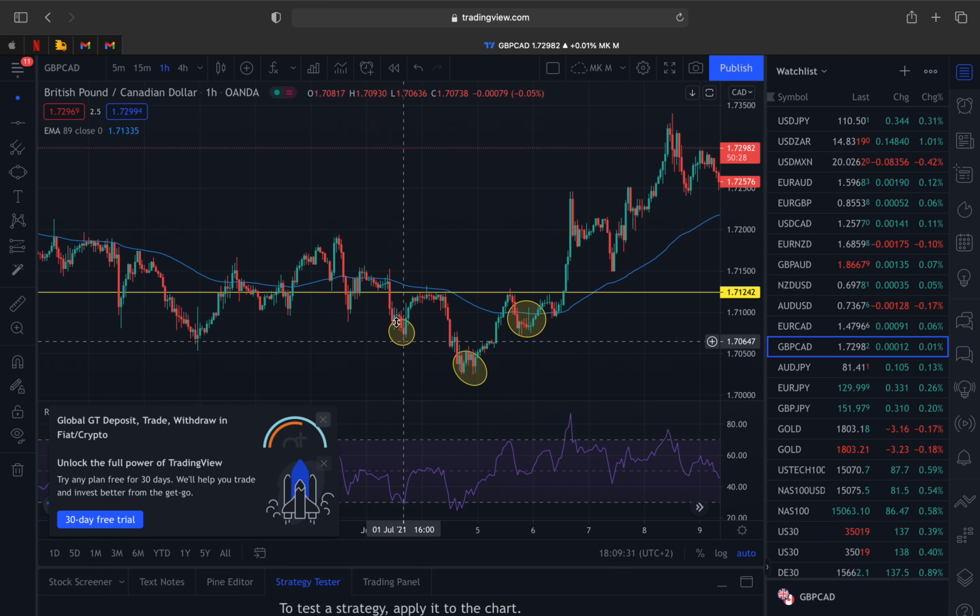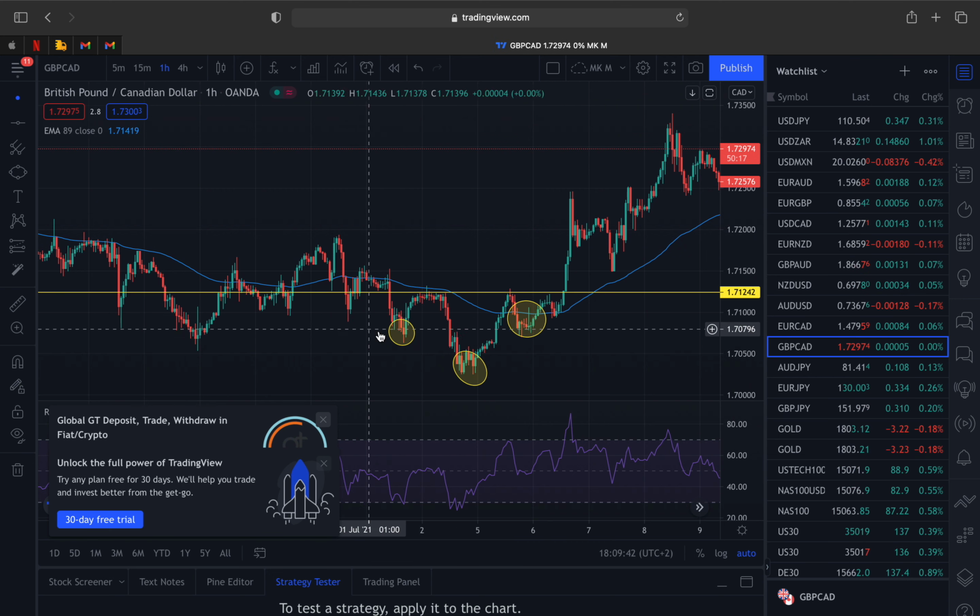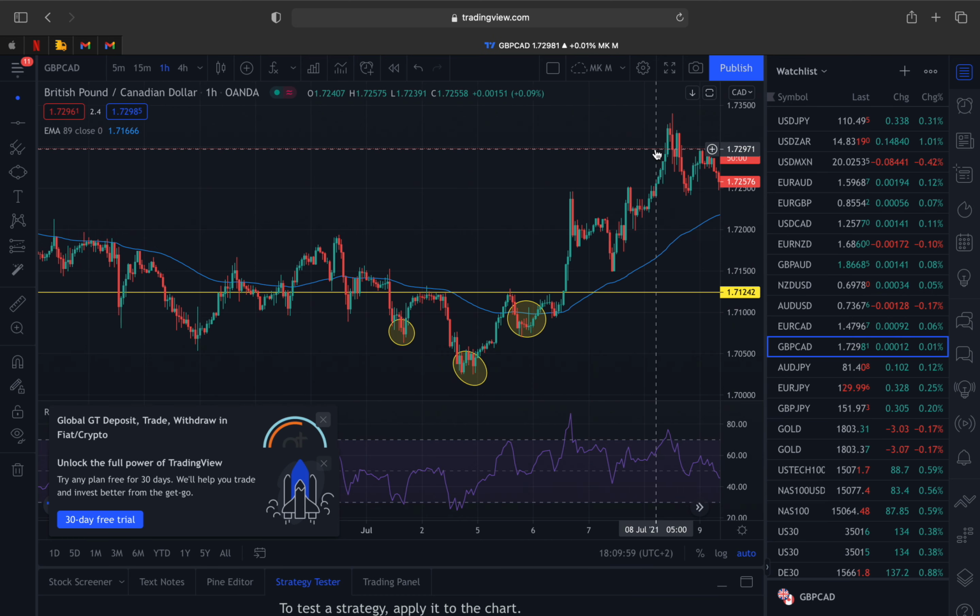Now you have your shoulder formed, you have your high there, and then your low, then you have your high, which is equal to the correction of the left shoulder, and now they form a straight line, which becomes a resistance. After that, you have a correction from the neckline, which forms your right shoulder. Then a break of that neckline, and we have your uptrend continuing.